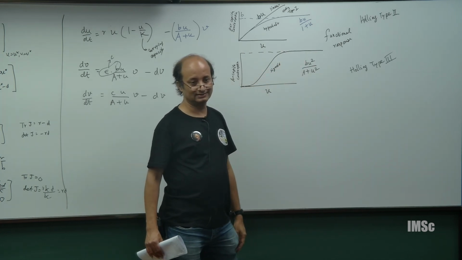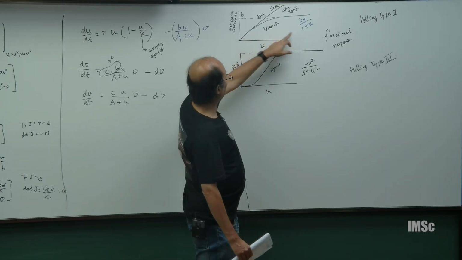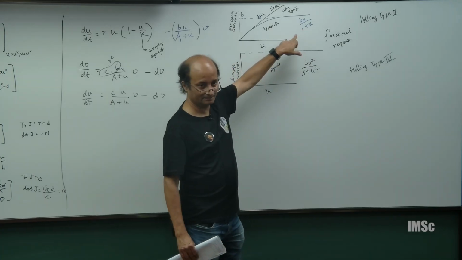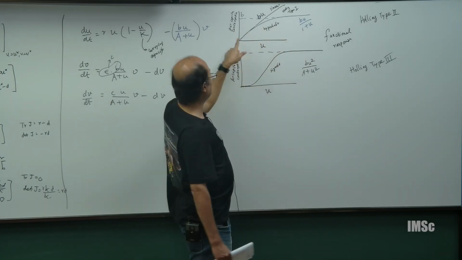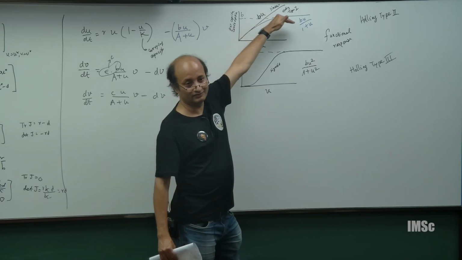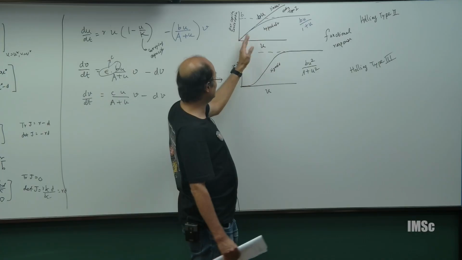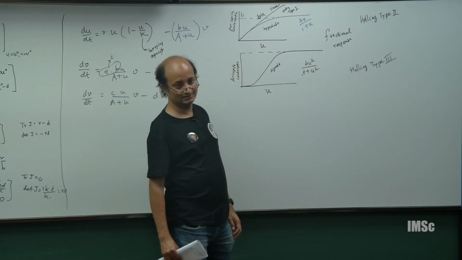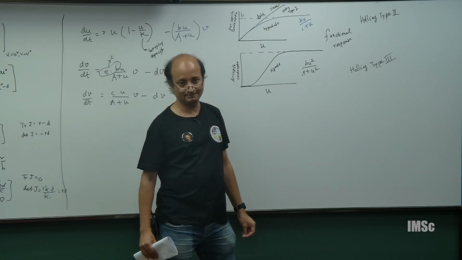In the hyperbolic case, it takes a lot of u before saturating. Again, here I have a, which is the value of u at which it becomes half of the maximum. So by changing a, I can make it steeper or shallower and so on. Again, that's just a parameter.